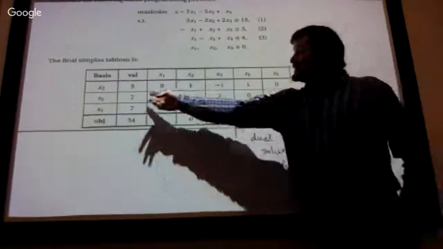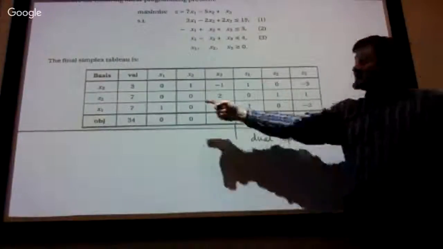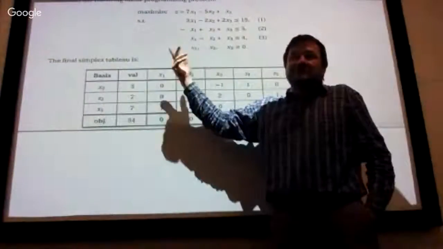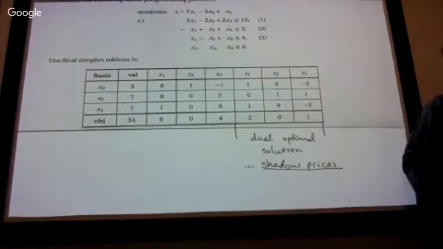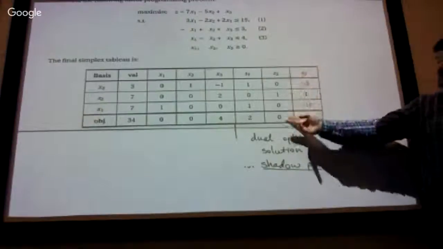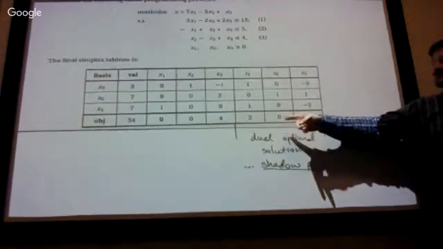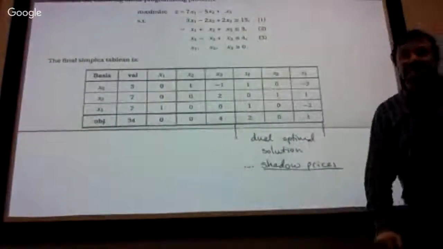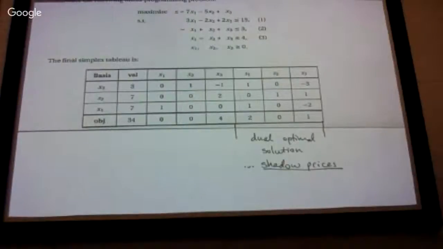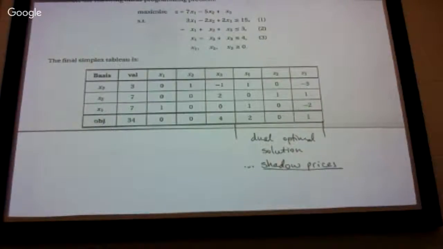There's already slack on the second constraint, so if I'm increasing the amount of resource available, it's just going to increase the slack. It's not going to make me produce any more of anything. So assuming the slack is in the basis, its dual optimal variable is 0, and its slack is probably non-zero most of the time. They're kind of the value of the resource or something like that, if you want.